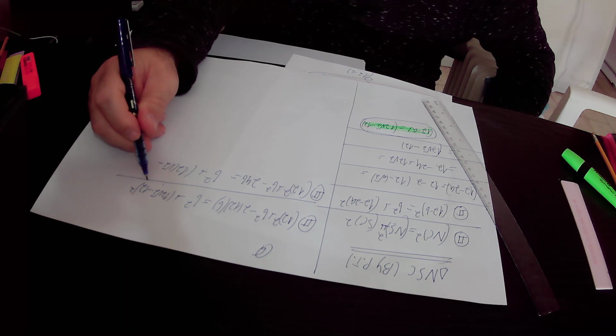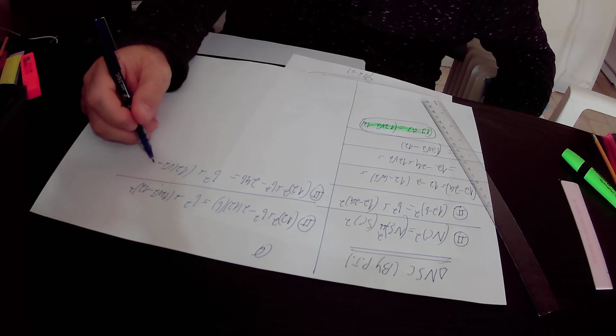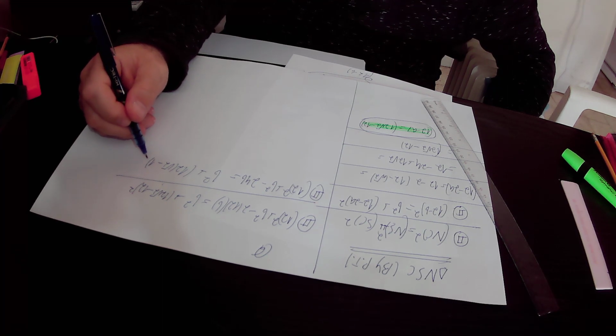What is left from minus 12 after we took 12 as a common factor is minus 1, all squared.